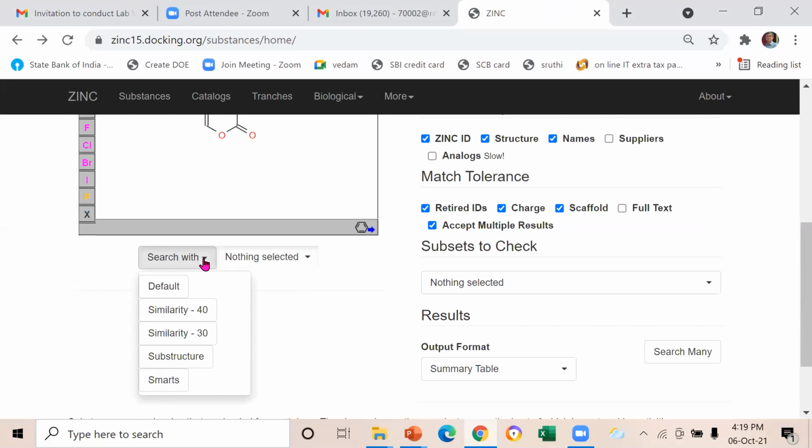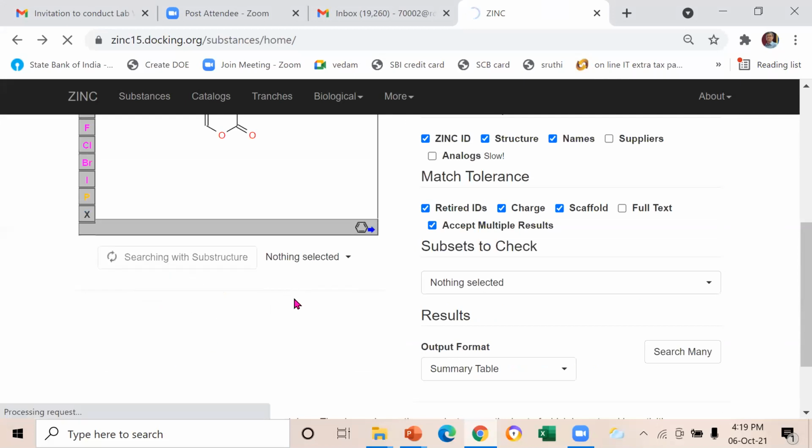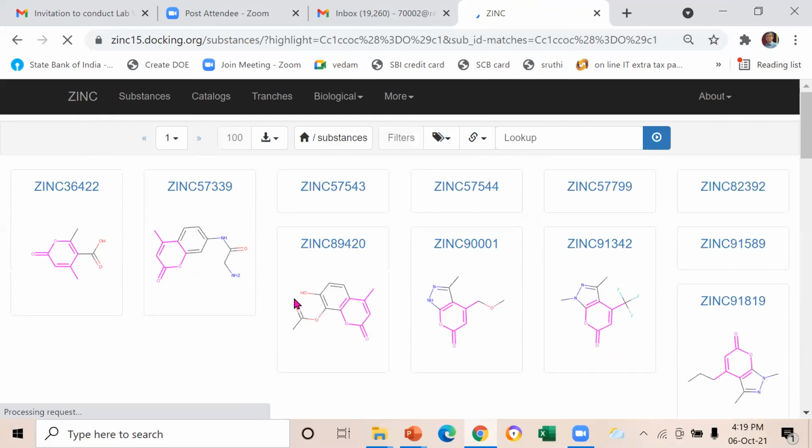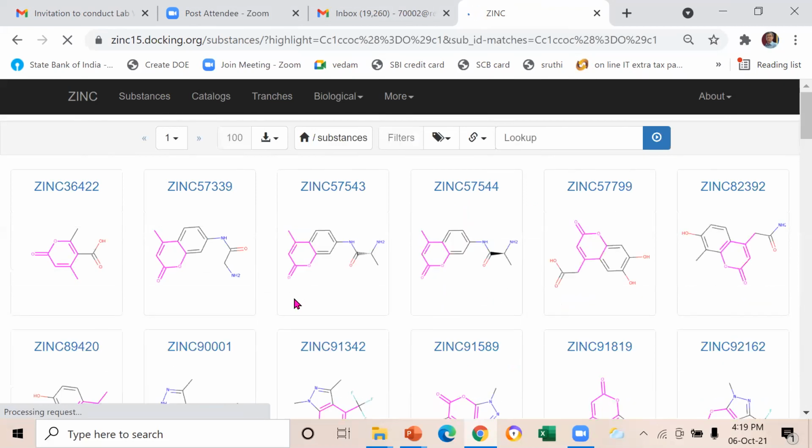So we can do this type of search, substructure search. It's trying to identify from the 750 million what are the molecules which have this particular substructure, which I have drawn using the drawing box here.